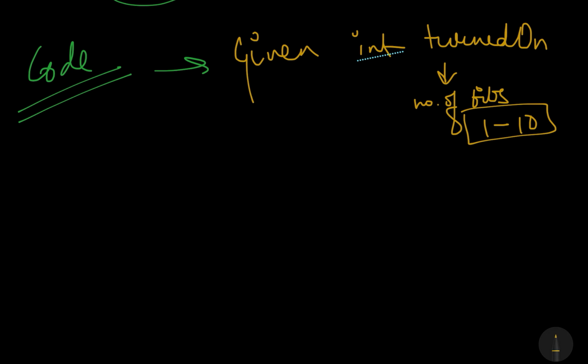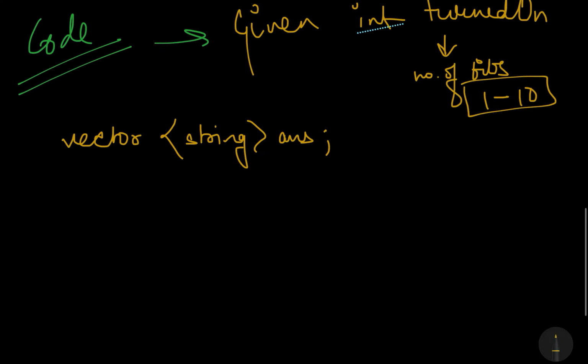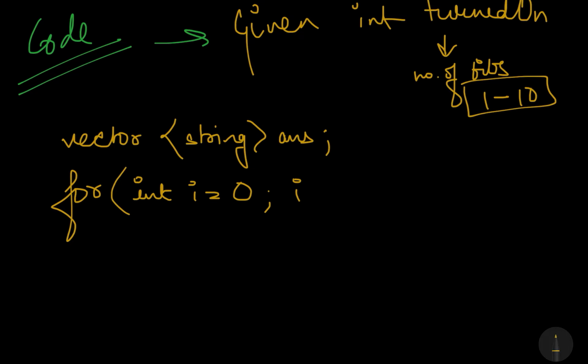So we can take a vector of strings to store our answer. Now we iterate through all these values, from 0 till 1024.